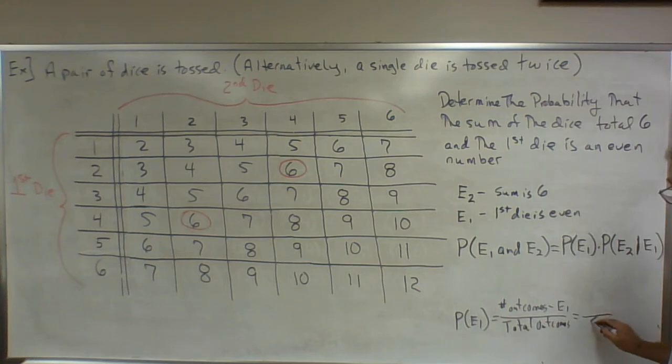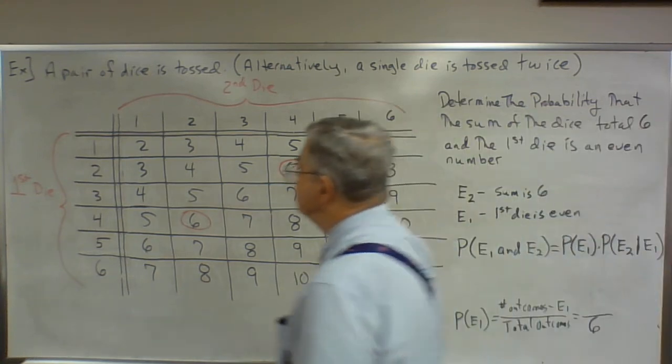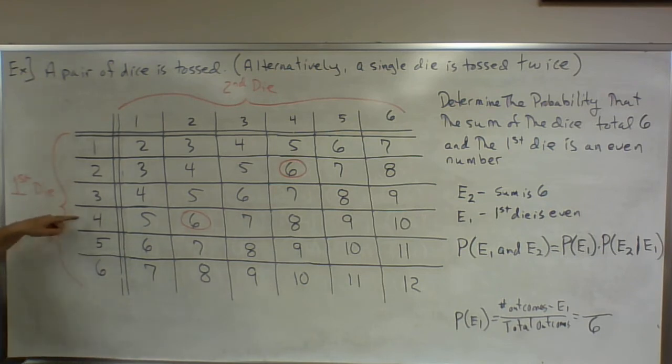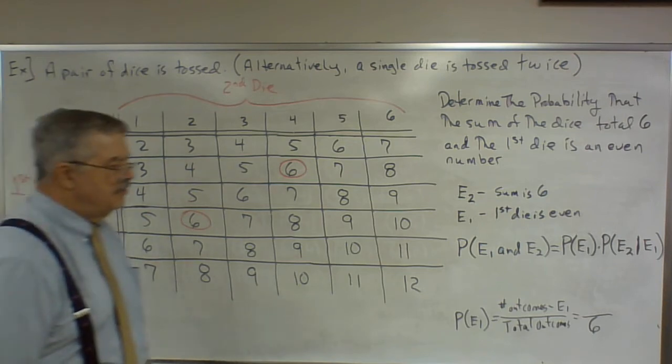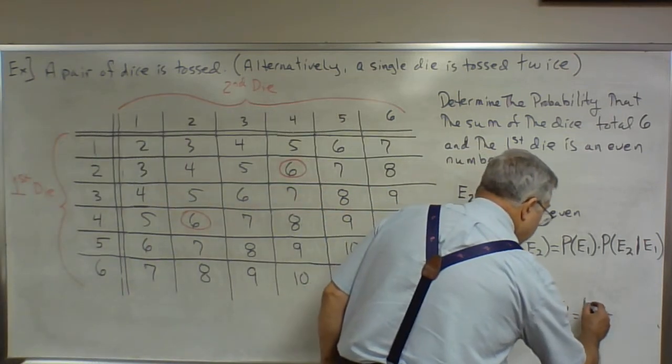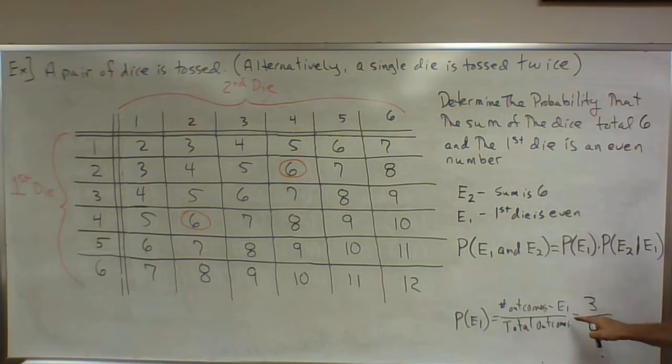If we toss the first die, there are 6 total outcomes. We either get 1, 2, 3, 4, 5, or 6. And we can get an even number 3 ways, 2, 4, or 6. So there are 3 outcomes that result in E1. I'm sorry, the probability of E1 is 1/2.